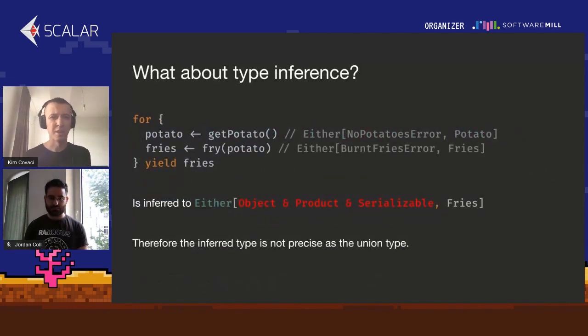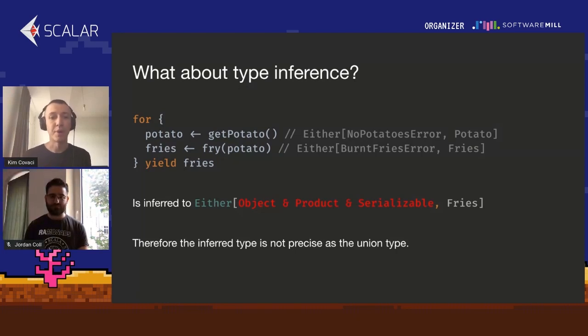But what happens if we remove this type hint? What if we just write the for comprehension without it? Well, the compiler won't infer it to a union type. Instead, it will infer our old friend, Object with Product with Serializable. So what does it mean here? It's basically the best candidate for the common supertype that the compiler could provide us.